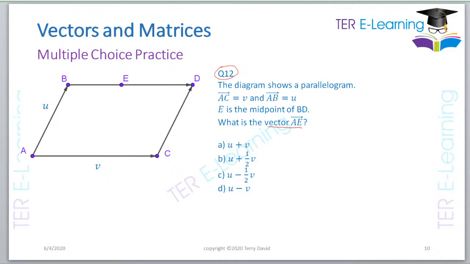Alright, so I'm seeing some people saying B. I'm just seeing 3 Bs.